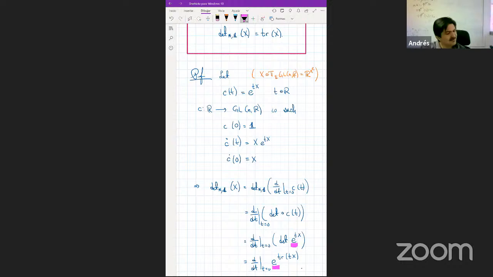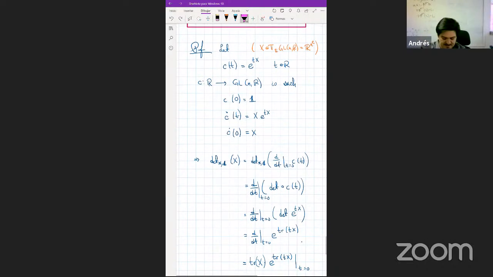And this e is the one from calculus, right? Because this is a real number. So this is the e from calculus. Okay, so we take the derivative of this, and I will get something like this.